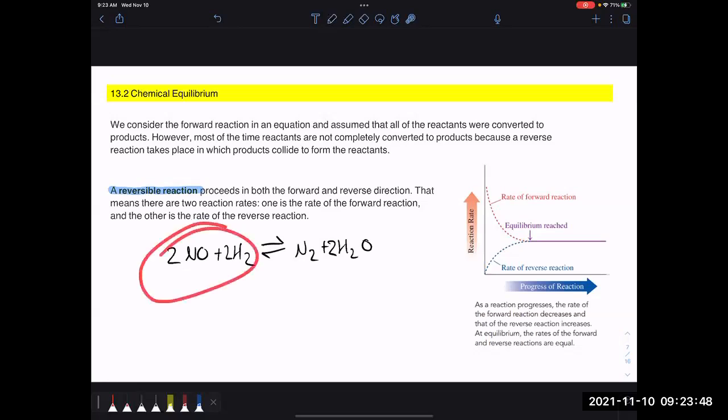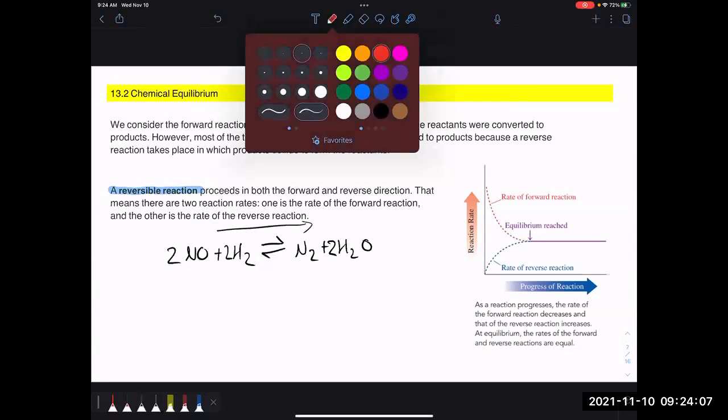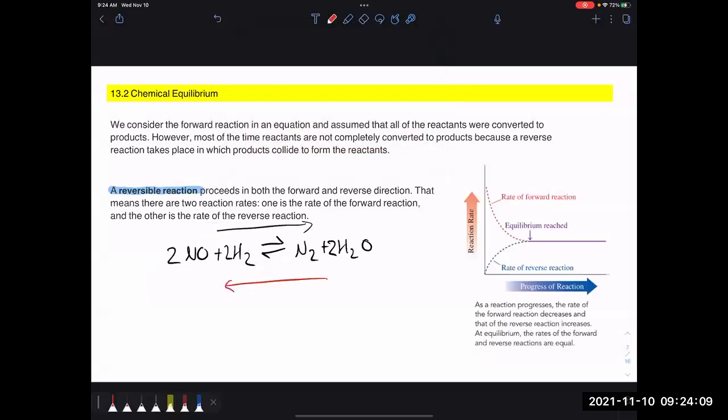So these are going to be interacting and hitting each other and forming products. But every once in a while, our products will run into each other and form reactants again. And so there's a balancing act then between this forward reaction and the reverse.